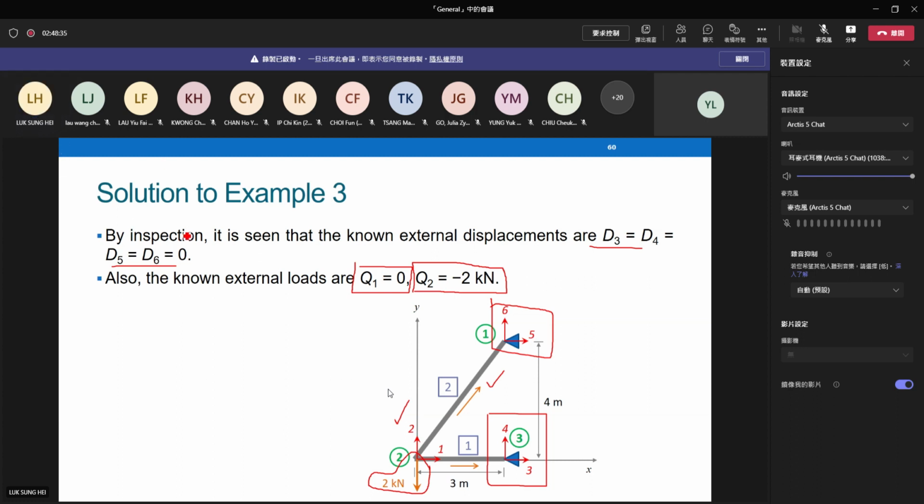Actually, you can put the known quantities down on your answer book at the beginning after defining the code number arrangement. D_K is 0, corresponding to the code numbers 3, 4, 5, 6. Q_K is 0 and minus 2.